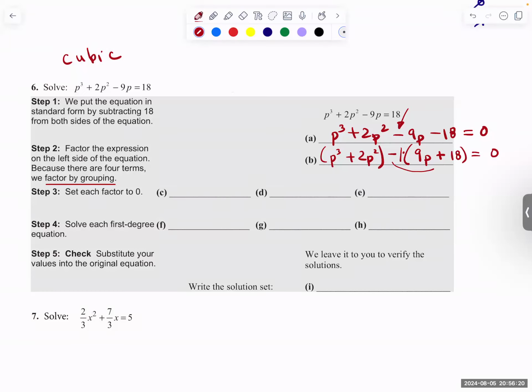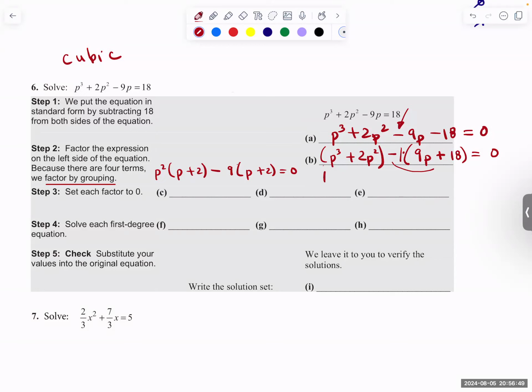So now we're going to factor out p squared for the first binomial times p plus 2. Now we're going to factor out positive 9 times p plus 2 equals 0. So now there's a p plus 2 as a common binomial factor that we can factor out.